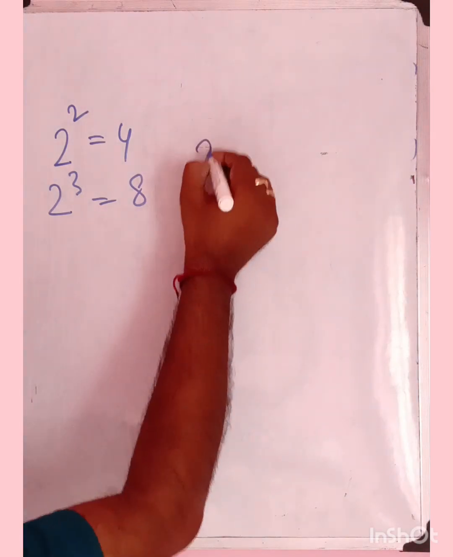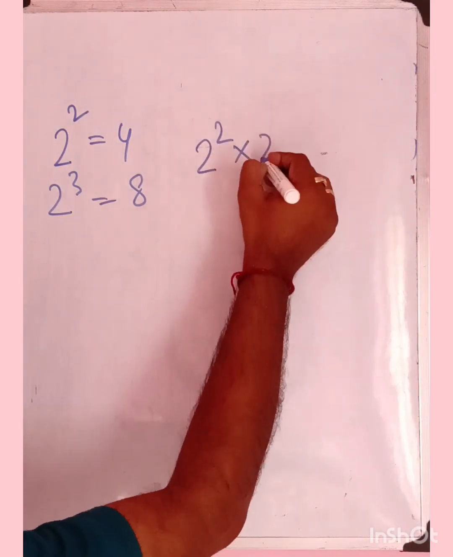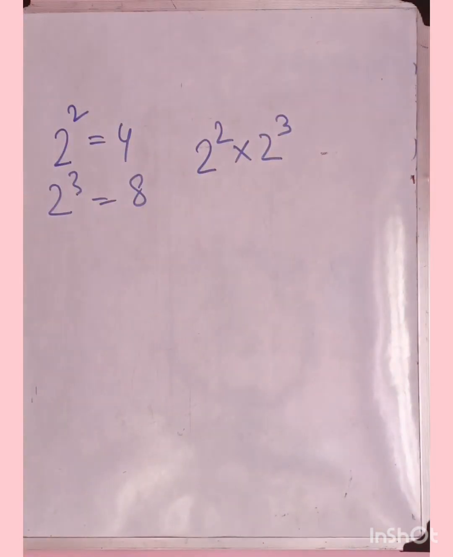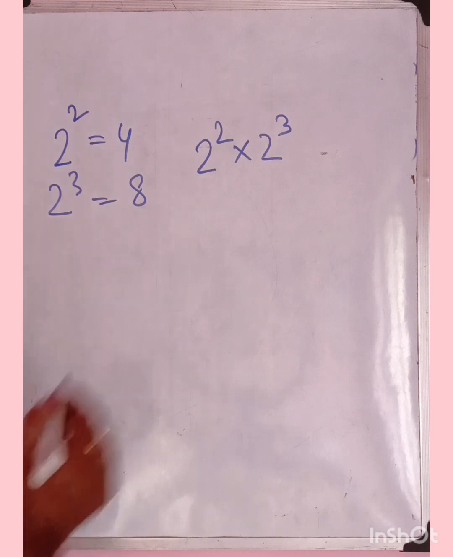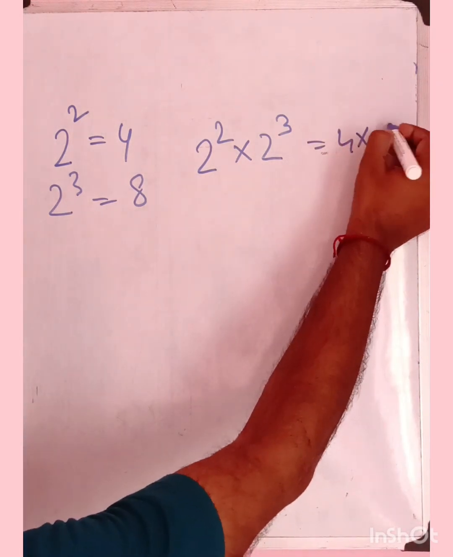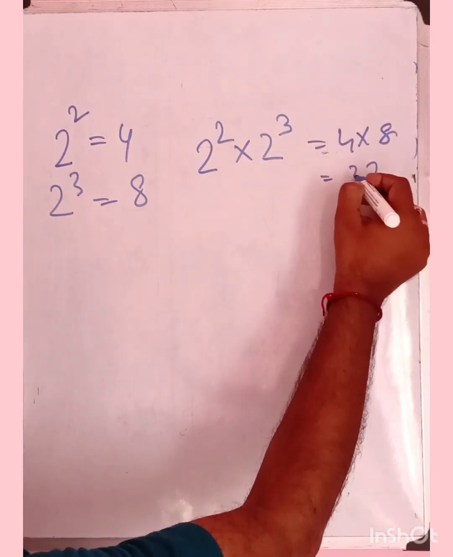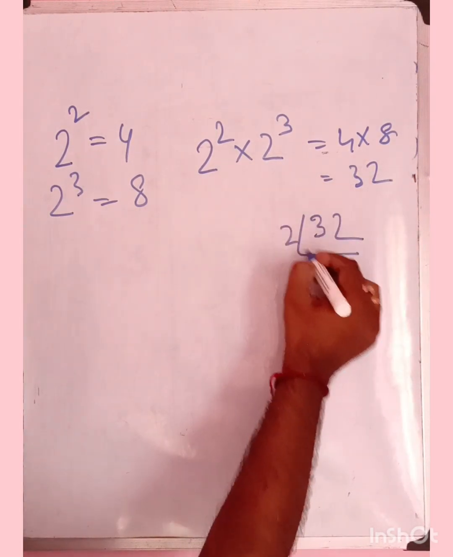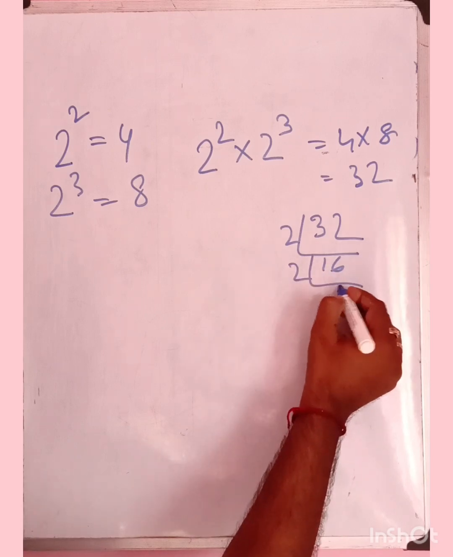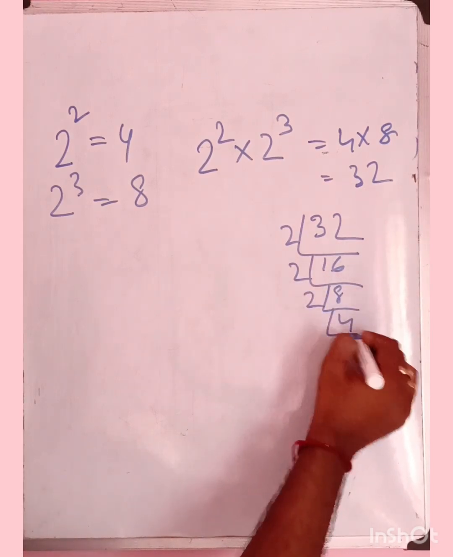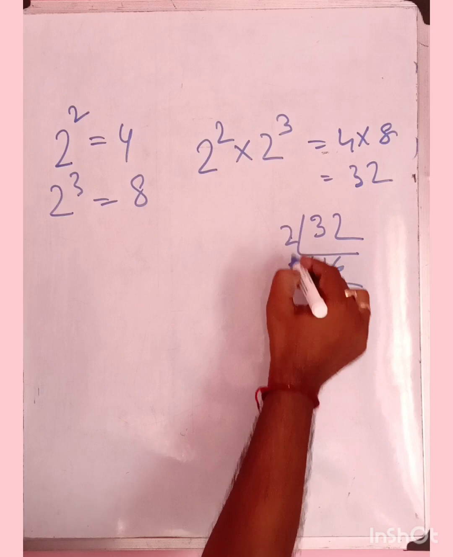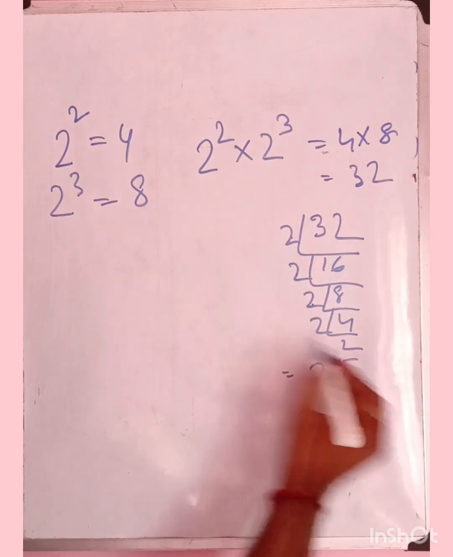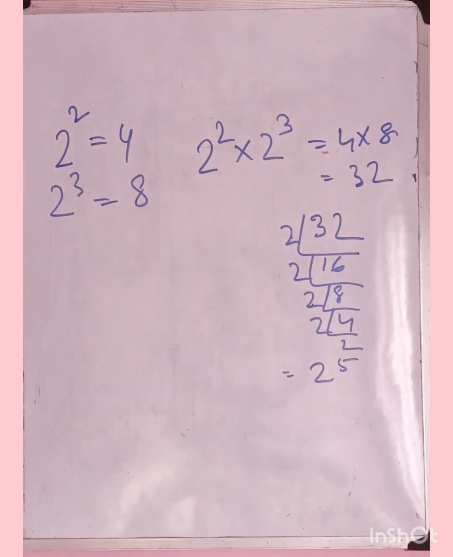Now if you are asked to multiply 2 square with 2 cube, that is 4 into 8, 32. If you factorize 32, what will you get? 1, 2, 3, 4, 5. 2 to the power 5.